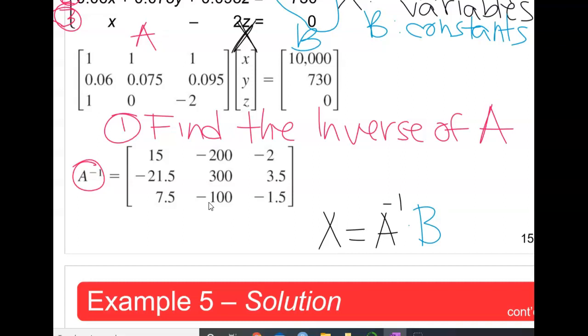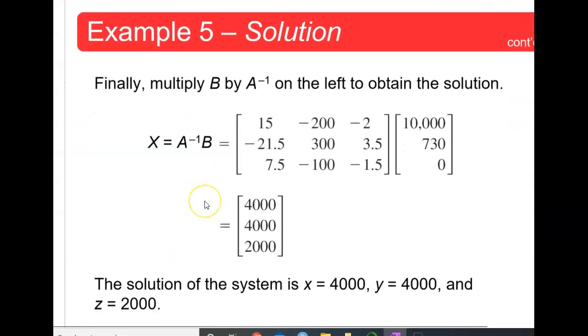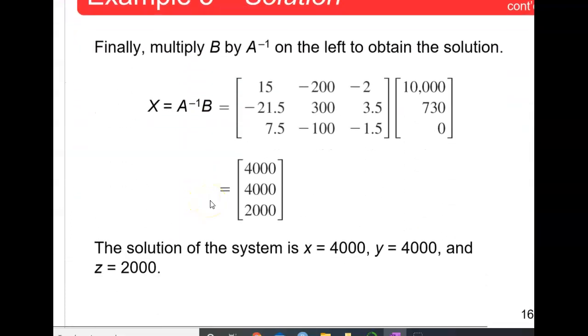And that is what will give you the solution to the system. So here we have A inverse multiplied by matrix B, which is the one with the constants. And after you do that, you will find what matrix X is.